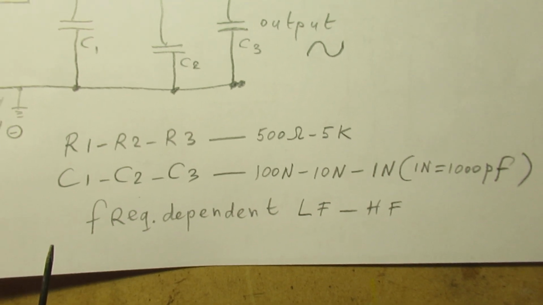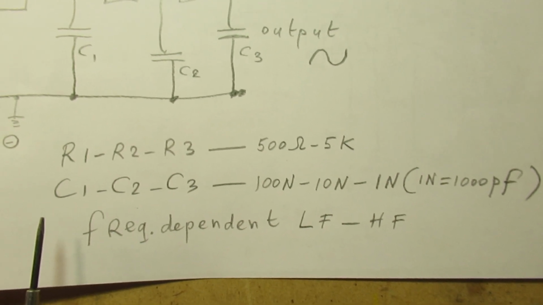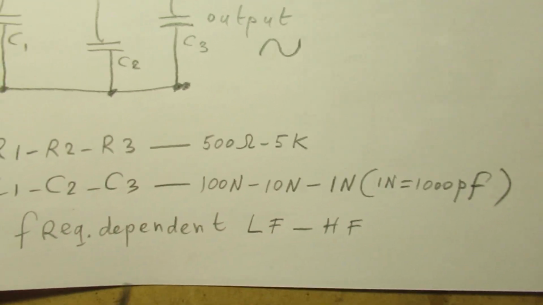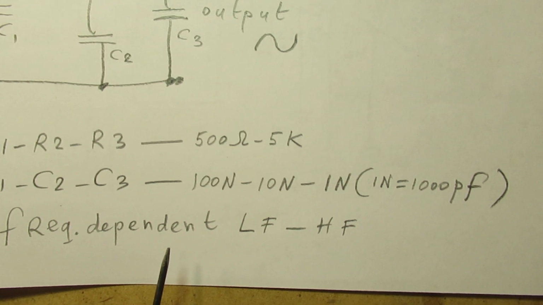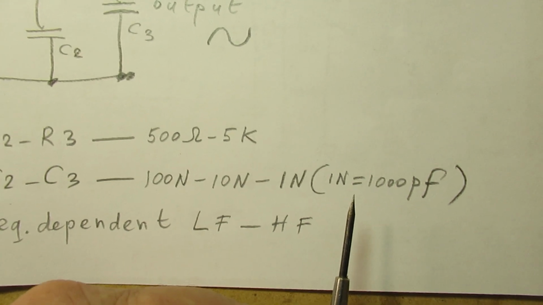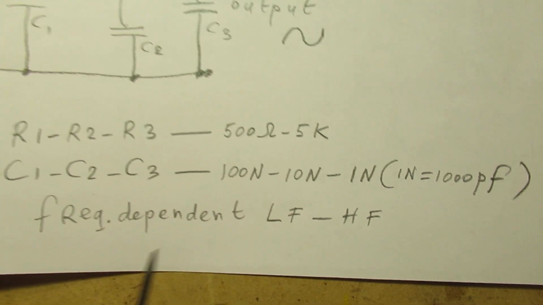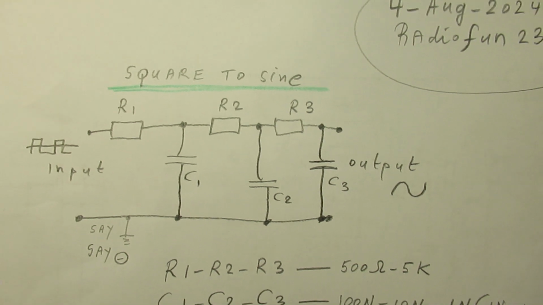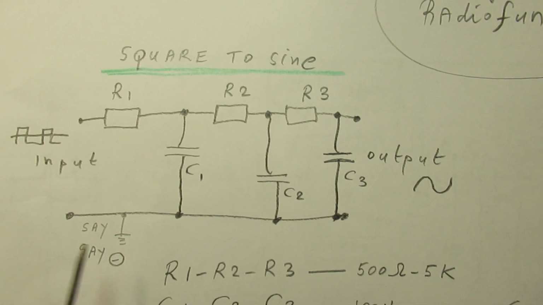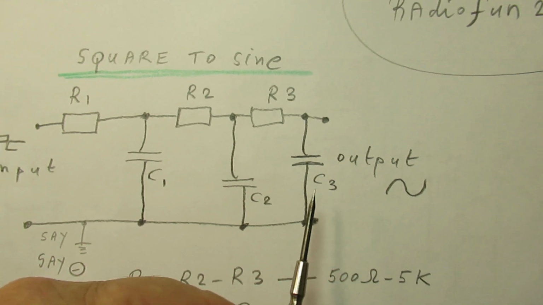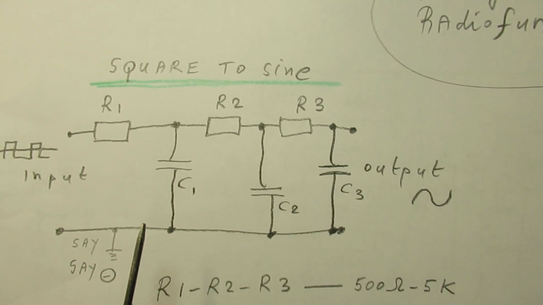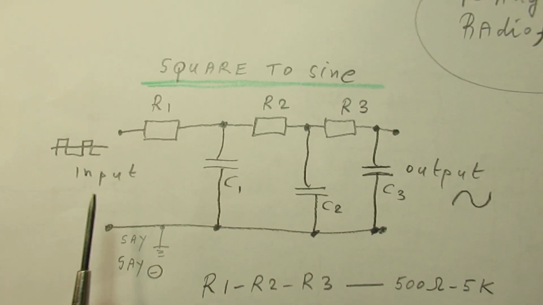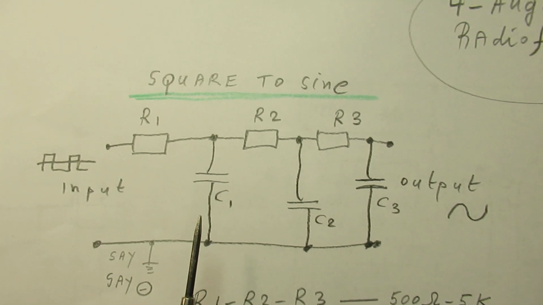The resistors can be, in transistor circuits by the way, between 500 ohms and 5 kilo ohms. The capacitors are in the range of 1 nanofarad, that is 1000 picofarad, and 100 nanofarad. And when you know a little bit about the theory, these capacitors have to have a higher value when the frequency that is sent into that filter is lower.